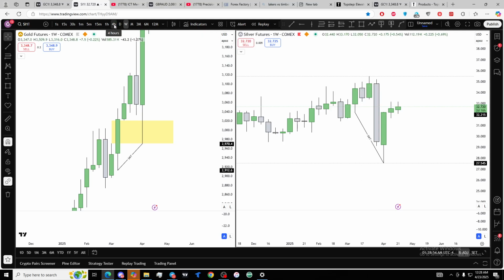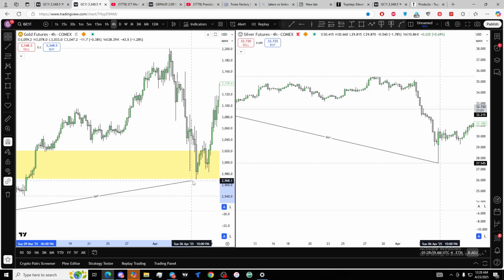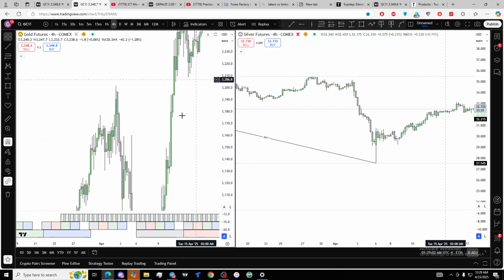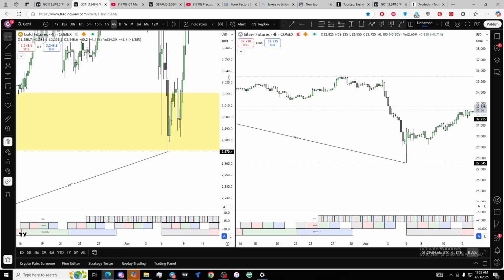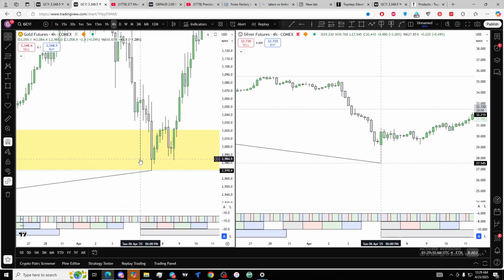So since we got step one and step two, we go to the line time frame, which is the 4 hour. As you see, as we are looking at price, this down candle is the one that took out the short-term low to then put in the SMTs.